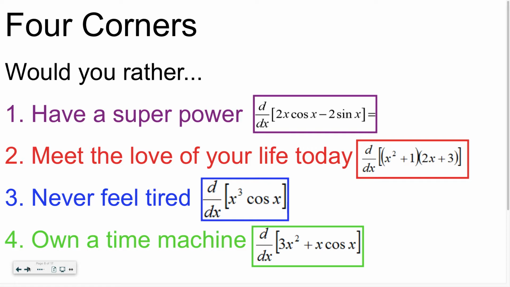So then this is a positive cosine x, and a negative cosine x. And then you're just left with this.